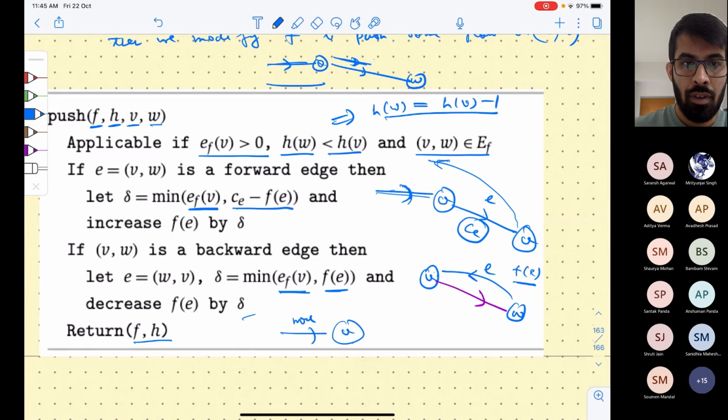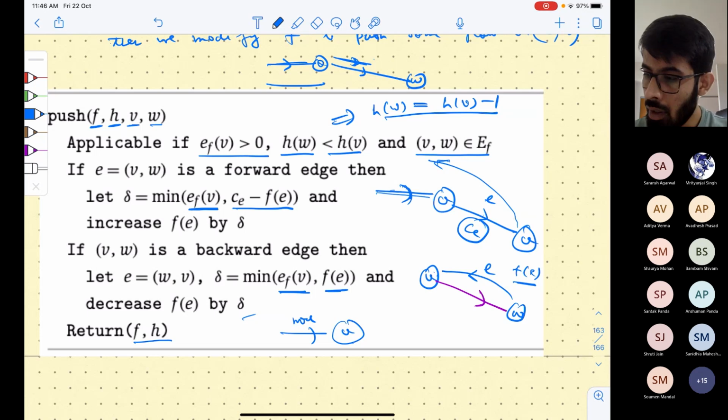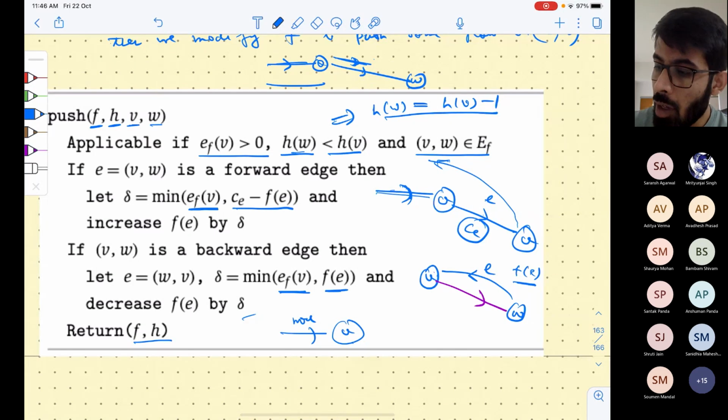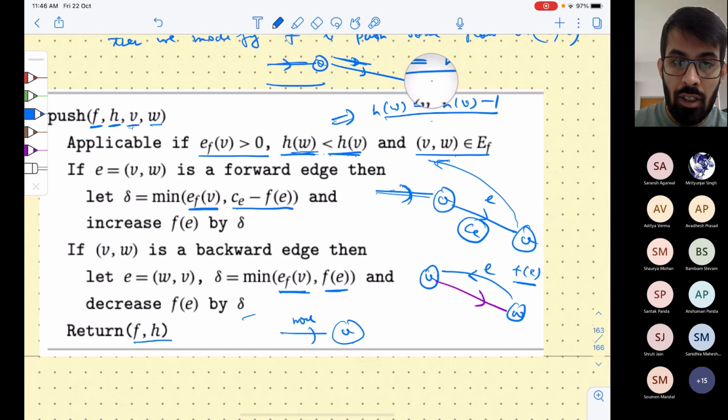So here in this algorithm we say h of w less than h of v. So in the case of a backward edge, h of w equal to h of v minus 1 is not necessary. Yes, so that is why we are going to look at h of w strictly less than h of v. So if h of w is strictly less than h of v and VW is an edge, then this has to be true, because of the condition.